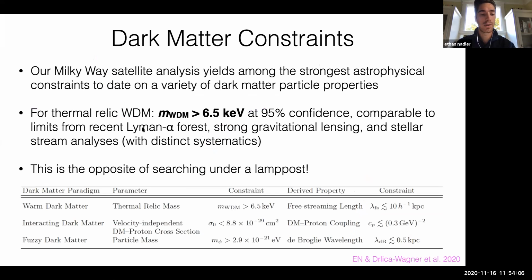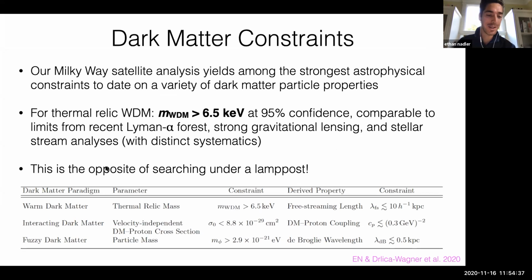To give an example, for dark matter that is produced thermally, such that it is warm and free streams on large scales, this framework yields a lower limit of 6.5 keV on the mass of the warm dark matter particle at 95% confidence. This is very comparable to limits that have been set by, for example, the Lyman alpha forest or strong gravitational lensing, or even stellar stream perturbations, of course with completely distinct systematics, which is a good thing. These different techniques are giving us the same answer.